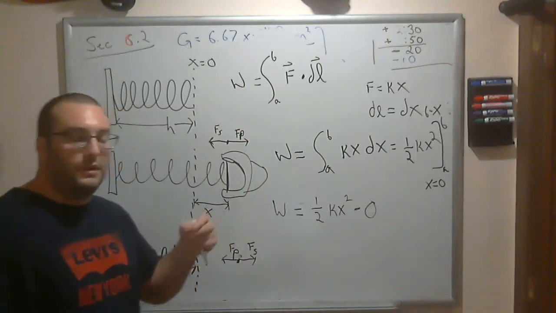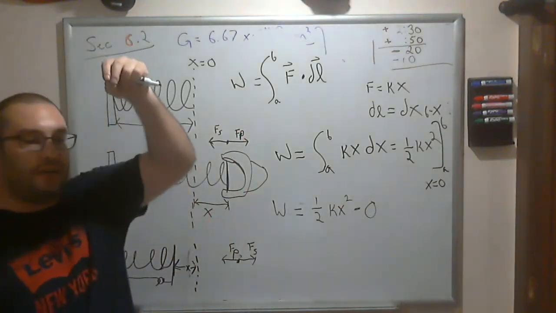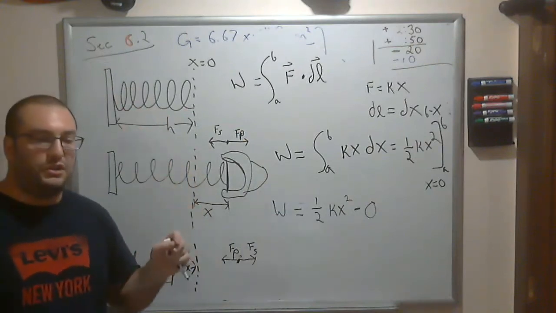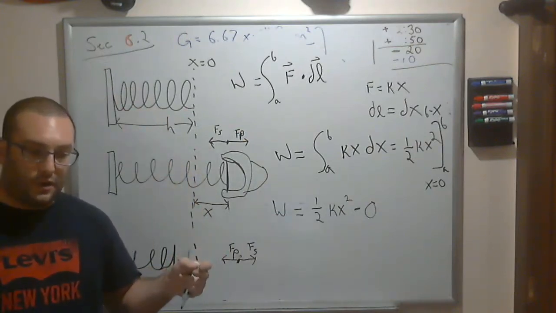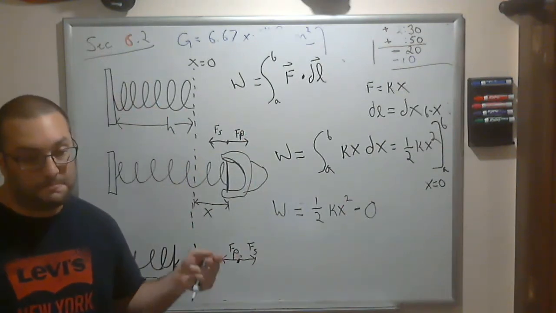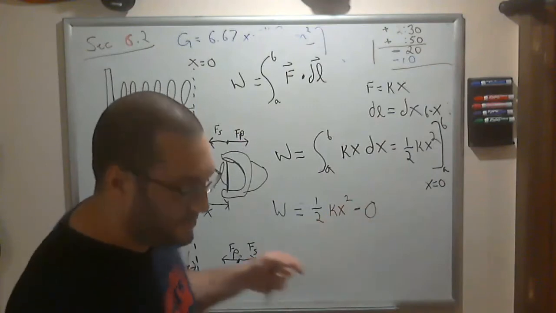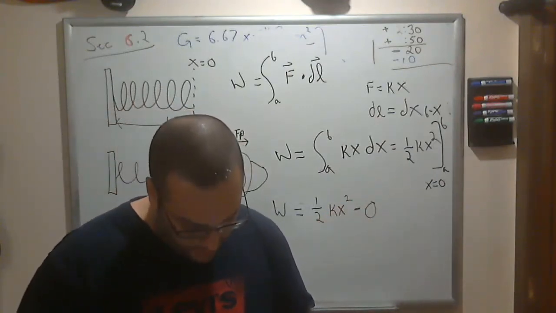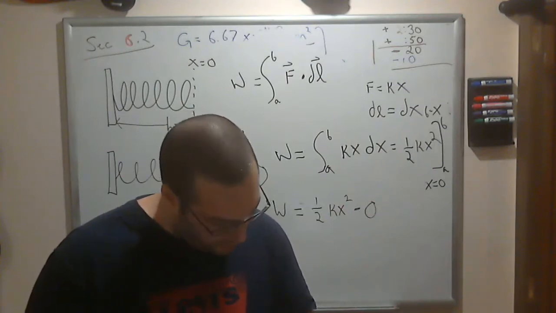So when you bring objects up to a higher height, you're really storing energy. You store this work that you put in, or energy, in the gravitational field. And we'll use this concept in chapter 8. But let's finish with work.